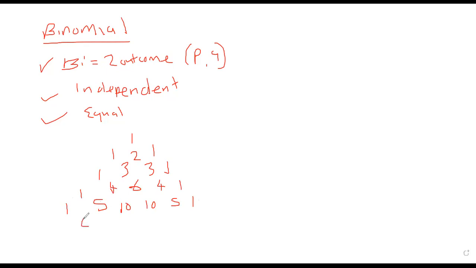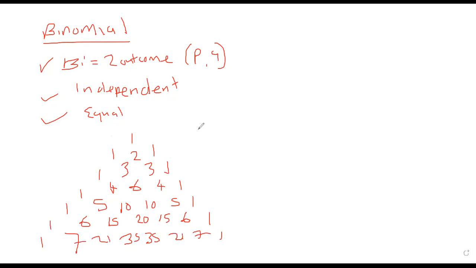Then here? 6, 15, 20, 15, 6. It goes on and on, but the maximum they'll give you is somewhere there.